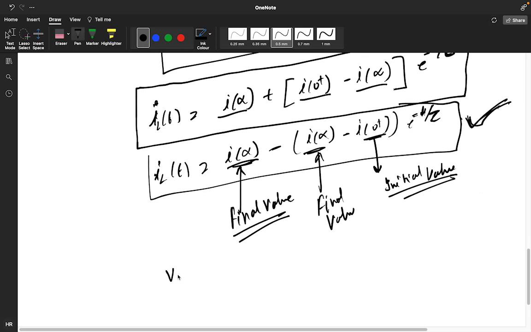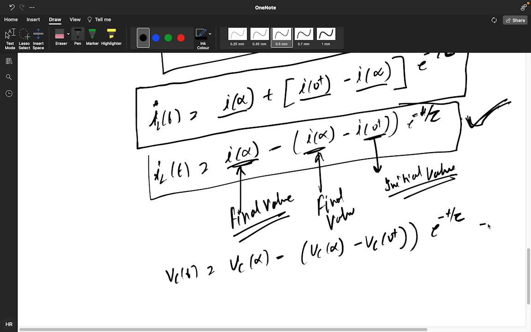We will derive it: Vc of t will be Vc infinite minus, Vc infinite minus Vc of 0, times e power minus t by tau. Here tau will be RC, and for the inductor, tau value is L by R. We'll solve this also.